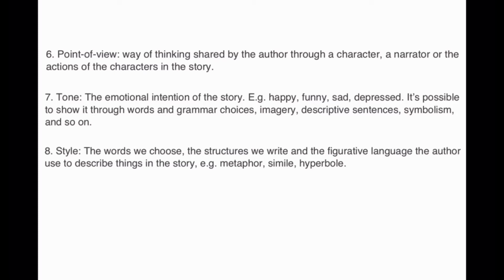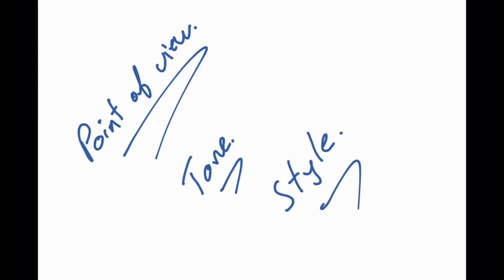So we can use some figurative language that are styles and ways of writing things in stories. So, in summary, we are talking about the point of view, the tone, and the style.